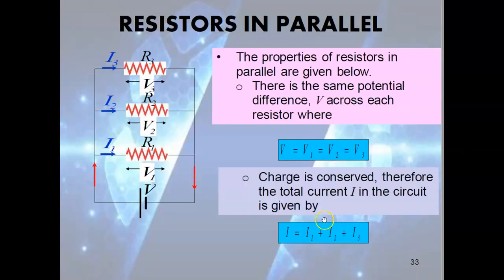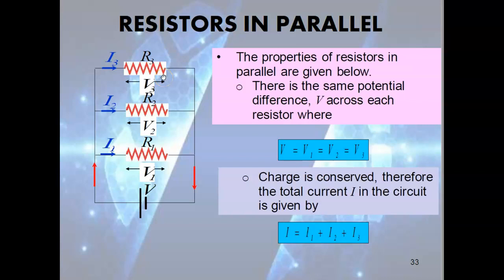While for parallel, the sketch for resistors in parallel is just like this picture, where R1, R2 and R3 are connected in parallel.